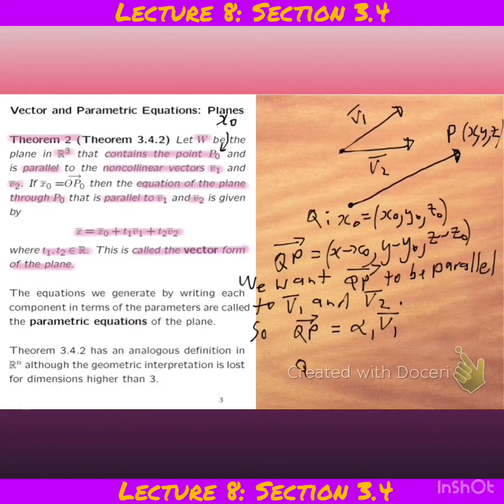We also want alpha 2 such that v2 is parallel to QP, where both alpha 1 and alpha 2 are real numbers.